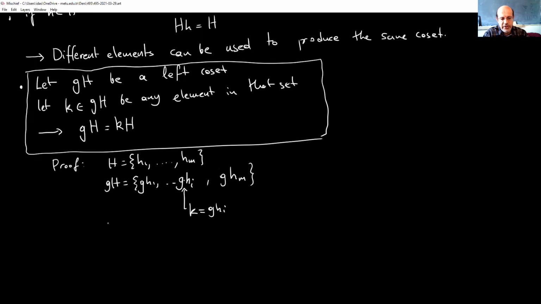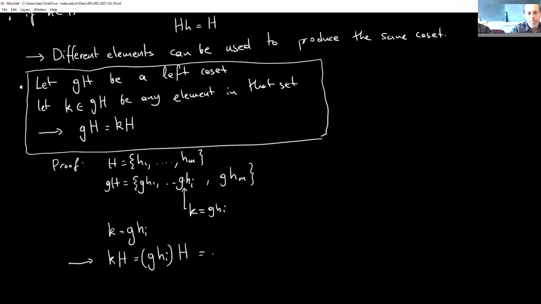So therefore, K can actually be written as this G multiplied with some element of the subgroup. In any case, if that's the case, then K multiplied with H can be written as G multiplied with H_i multiplied with the subgroup. But this is the associativity that I'm going to use in here. So I can then express it in this form.